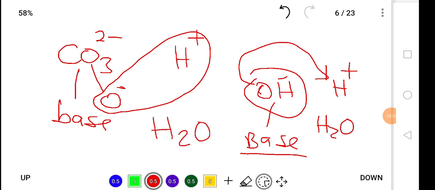Now, when we subtract one oxygen atom from carbon dioxide, we are going to remain with two atoms of oxygen bonded to one atom of carbon, and that now will be what we call carbon dioxide. That's the reason why we are saying a carbonate is also basic.